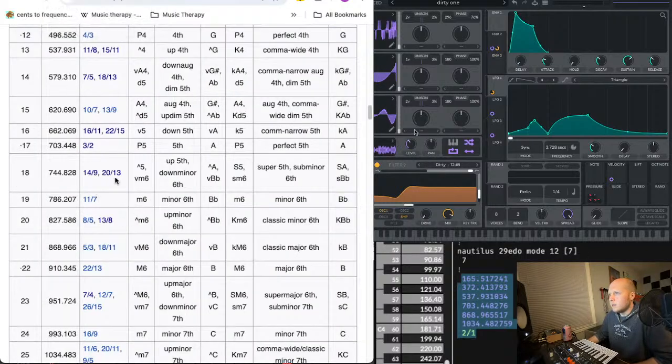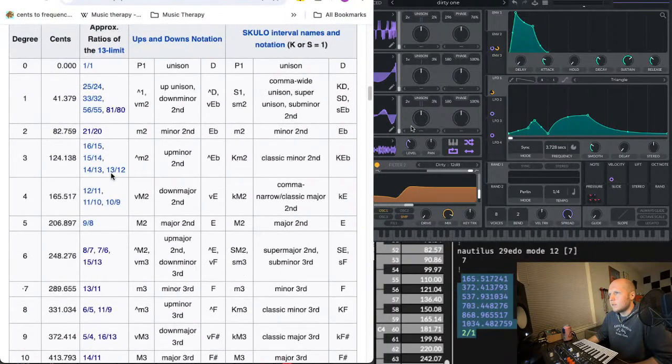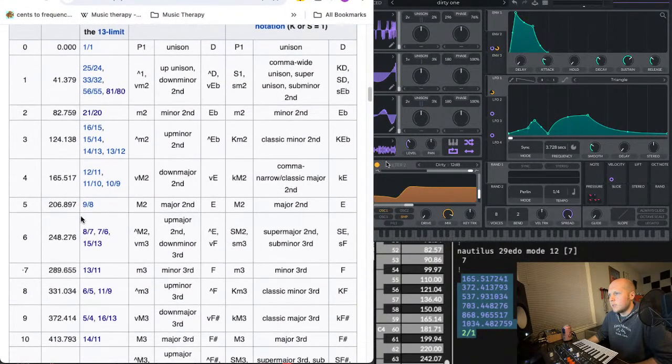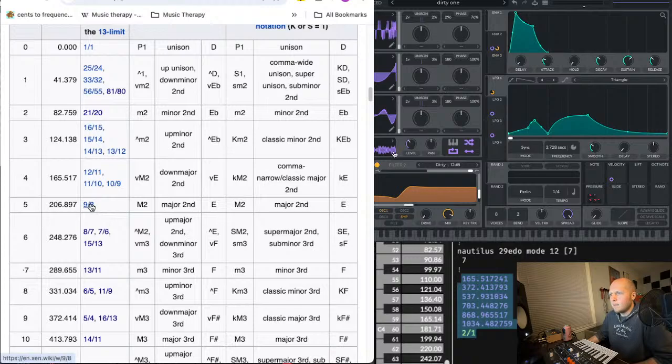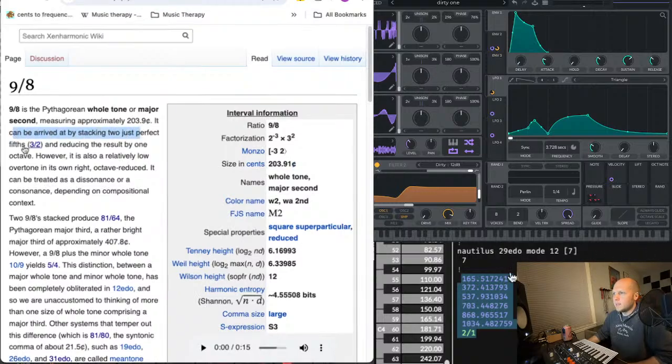So if we look at that 206 interval on ZenWiki, it pulls up the 9/8, which is about 204. You round up. That's the Pythagorean whole tone, or major second. And you get that interval by stacking 2 3/2 fifths.